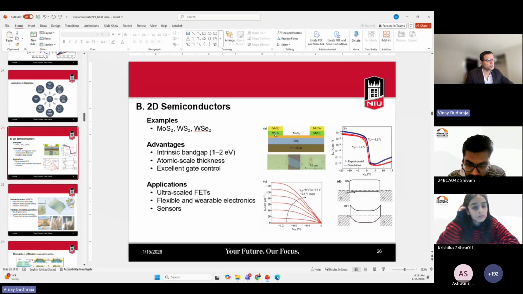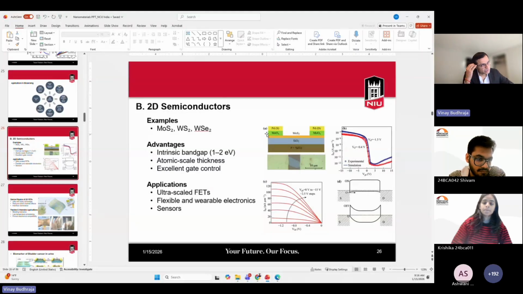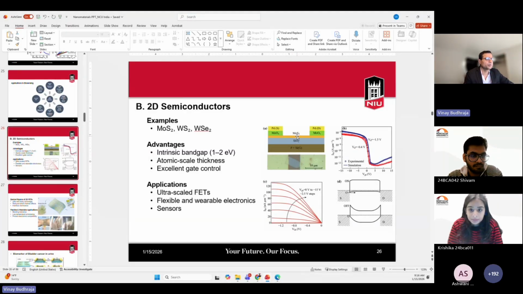See the advantage with silicon. The main advantage of silicon is that you use high-temperature techniques to make silicon dioxide, and the interface of silicon dioxide is very, very good. The same thing could be applied with 2D materials. If I have to select one, I would go with molybdenum sulfide. This is one of the ideal candidates.